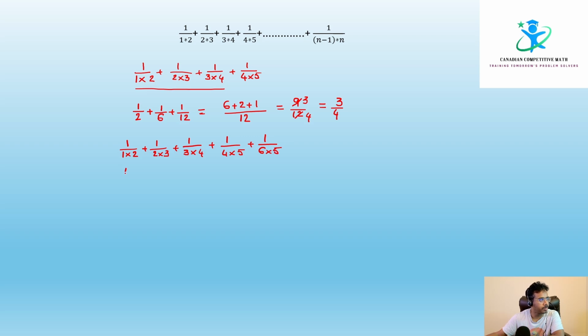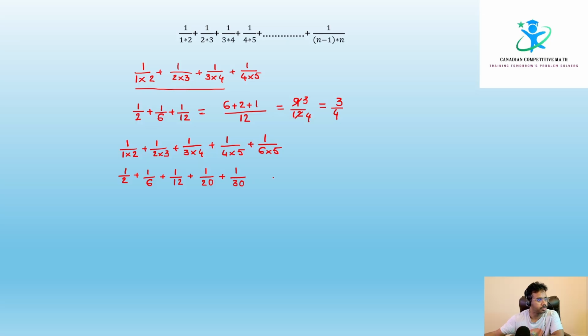This becomes 1 by 2 plus 1 by 6 plus 1 by 12 plus 1 by 20 plus 1 by 30.